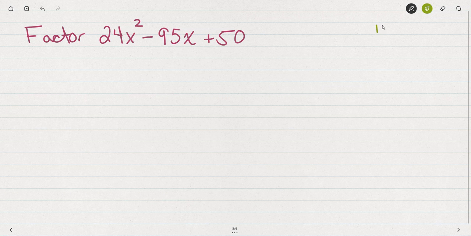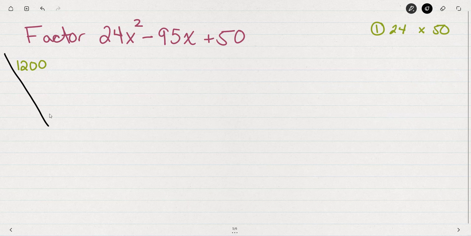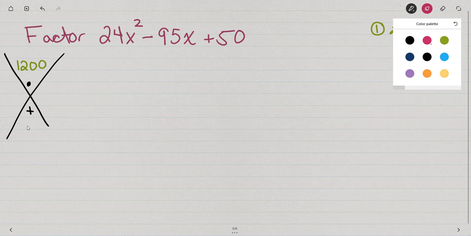So the first step is multiply 24 times 50. Now 24 times 50 gives me 1200. I'm not going to panic about that. And I'm going to carry down this negative 95.